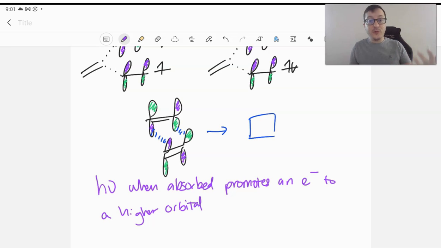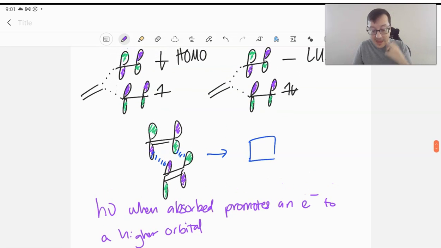And so we're moving an electron up to a previously unoccupied orbital, which then has the correct symmetry. We now have a new HOMO, so we have a site of electron density with the correct symmetry that can react with the LUMO of another molecule, thereby allowing this to happen.